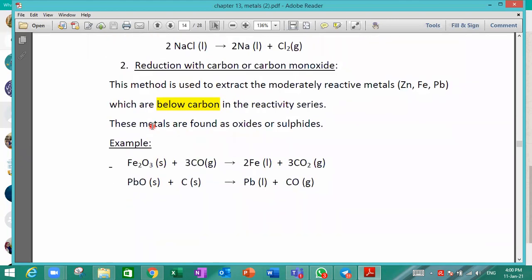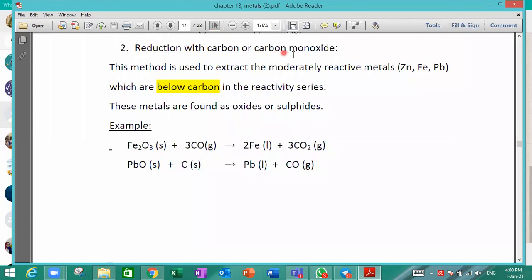Now we come to the reduction method with carbon or carbon monoxide. We are going to study this reaction in detail, the extraction of iron from its ore, which is mainly in the form of iron oxide, plus carbon monoxide.